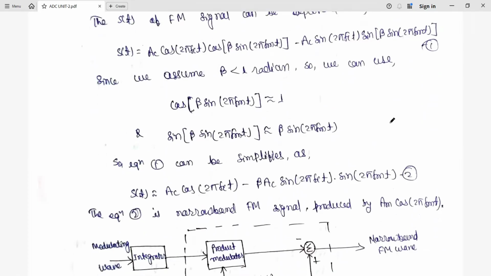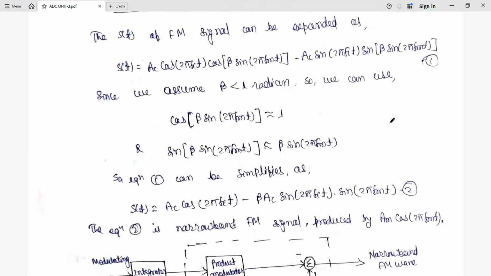Now here beta is considered less than 1. In case of cos theta, if theta is much less than 1, then cos theta is equal to 1, since if theta tends to 0, cos 0 is 1.